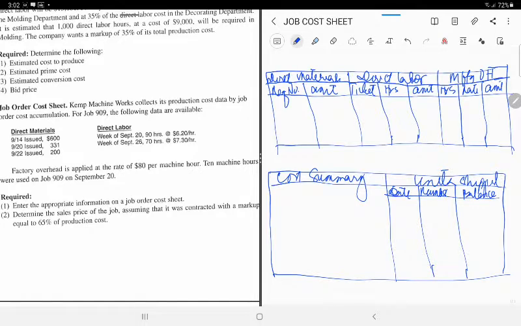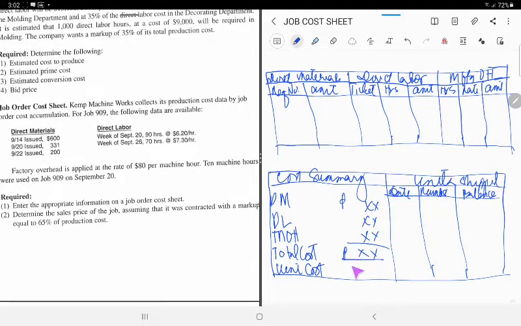And then, our summary: we have 4. I'll abbreviate direct materials, direct labor, factory overhead or manufacturing overhead. Then we have the total cost, and then we have the unit cost. So it would be like this. That's how your job cost sheet will look.